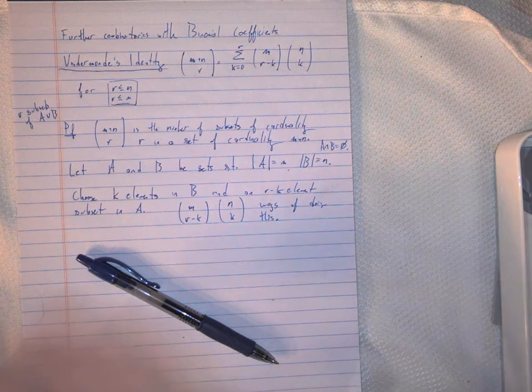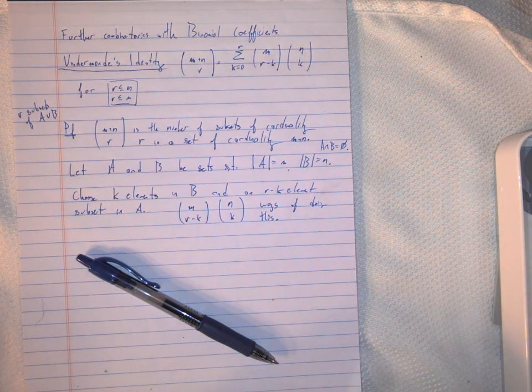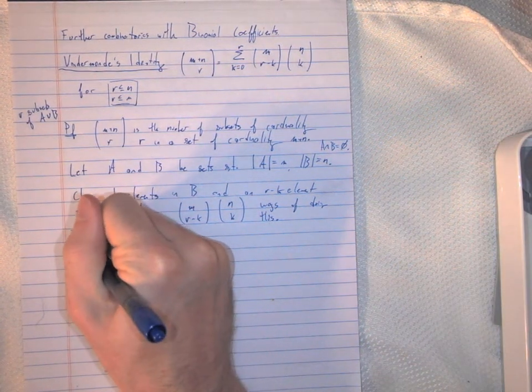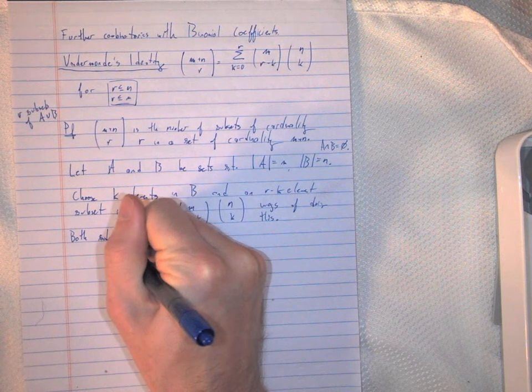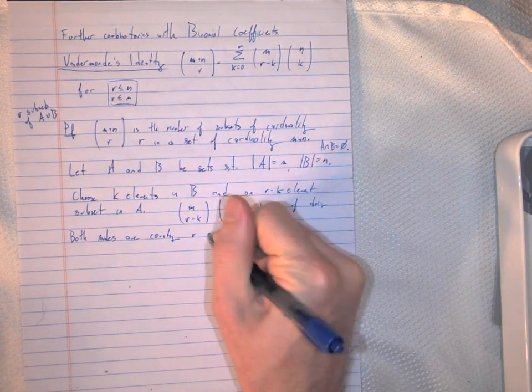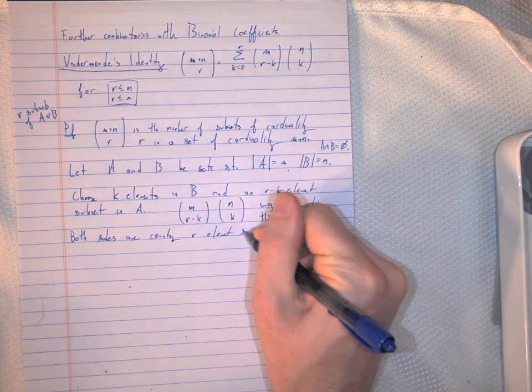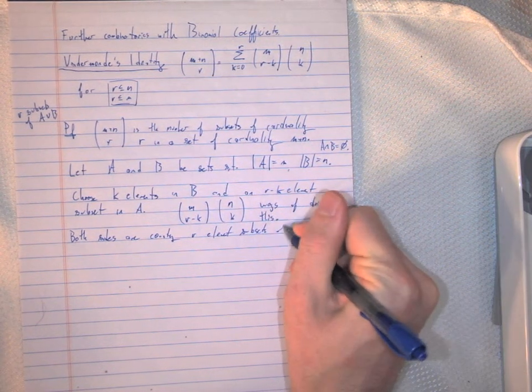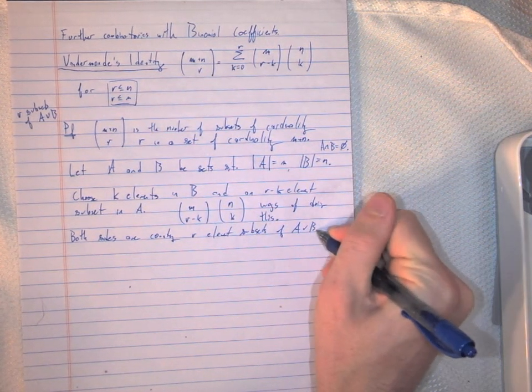Since each of these sides is counting the same thing, these two sides must be equal. So both sides are counting r-element subsets of A union B.